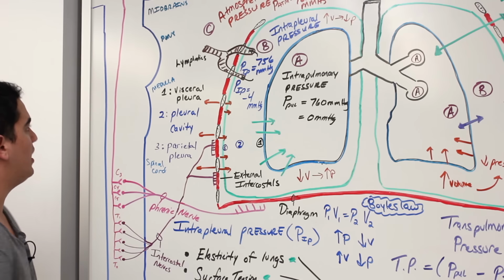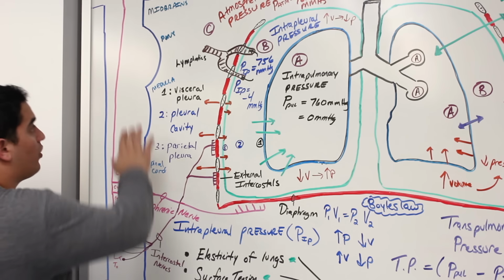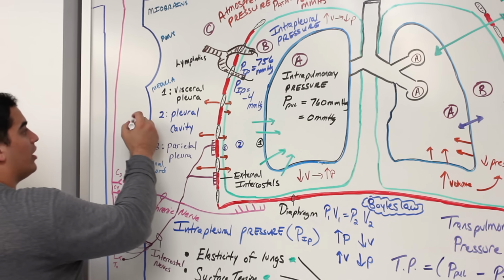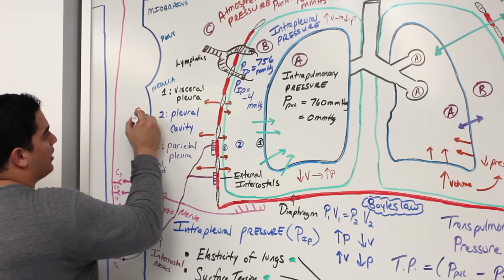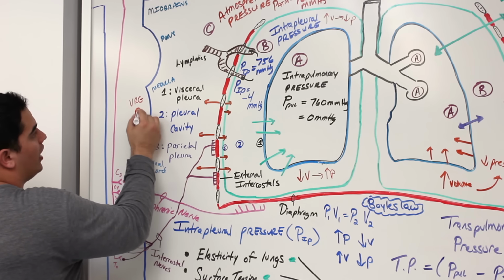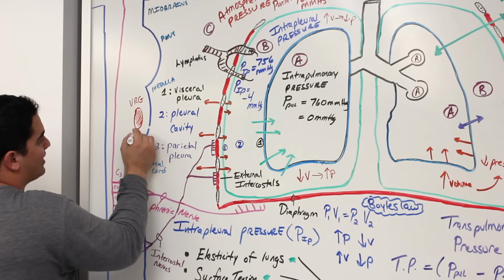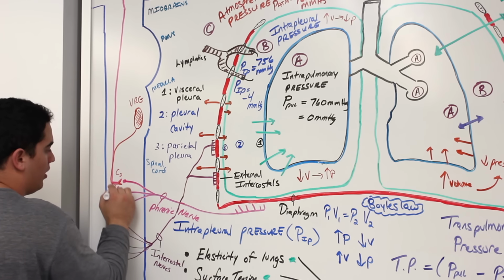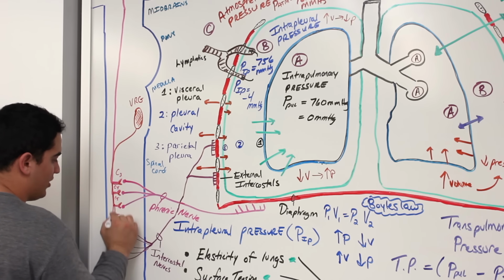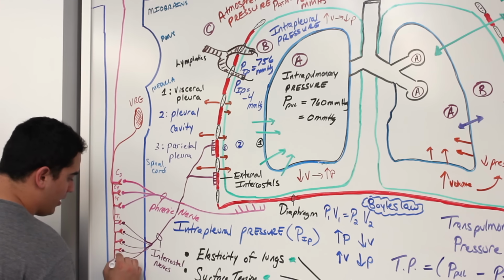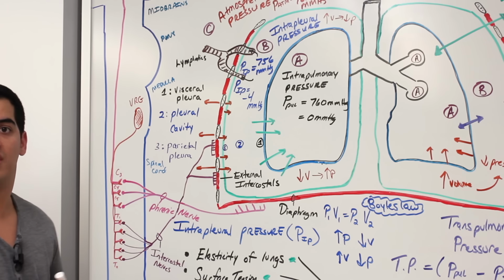But you know what else can stimulate these also? We're going to talk about it in more detail, but you have a special set of nuclei located here within the medulla. These nuclei are called the ventral respiratory group. The ventral respiratory group has connections that provide axons that can stimulate the neurons going out to supply the external intercostals as well as the diaphragm.